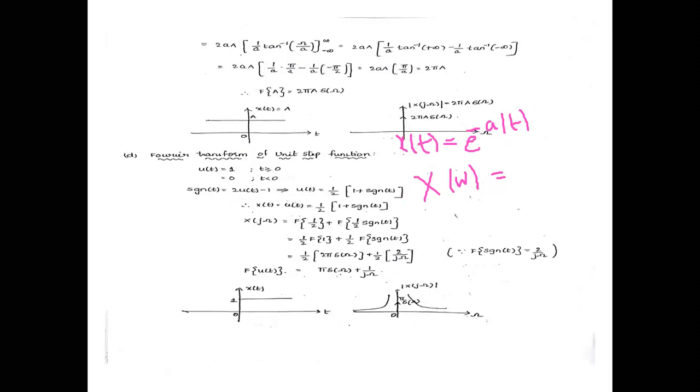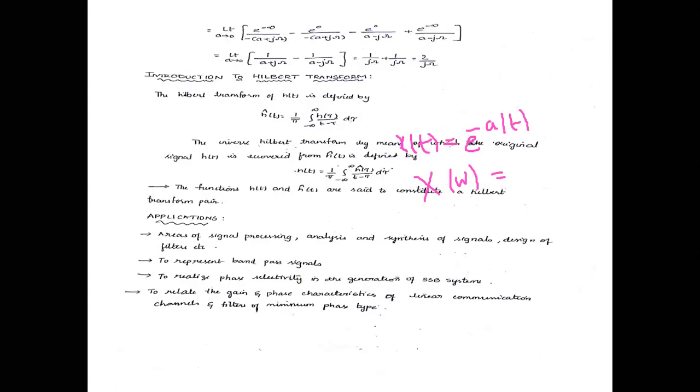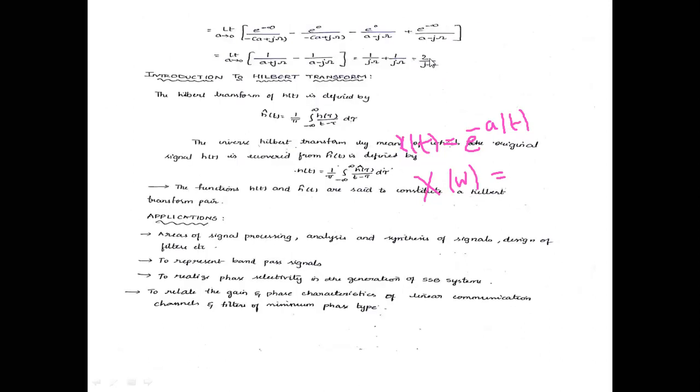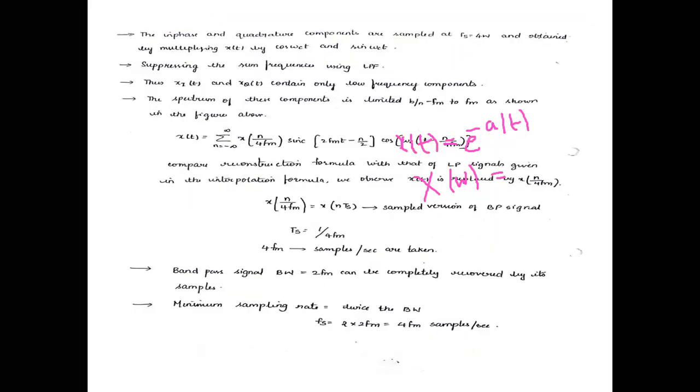Okay, I will find that. So whatever this is here, the 2 by j omega we got for the signum function.